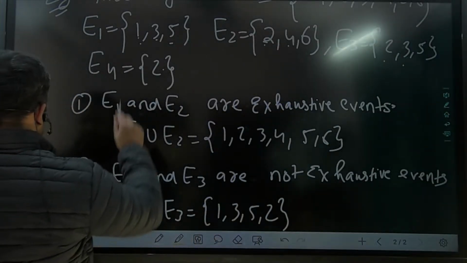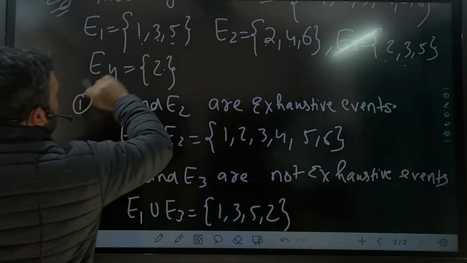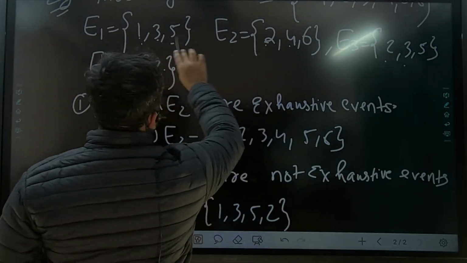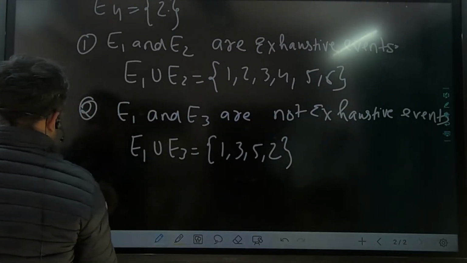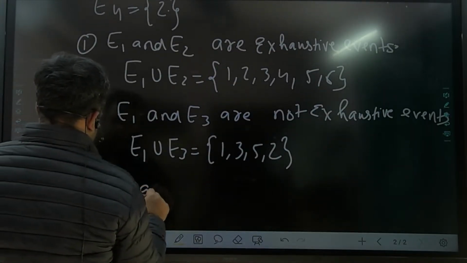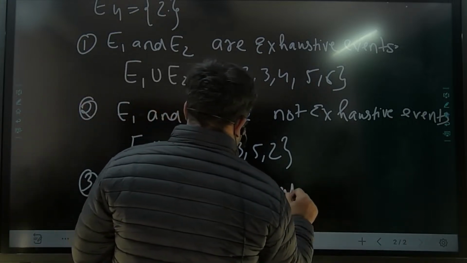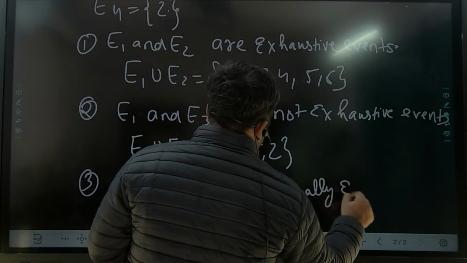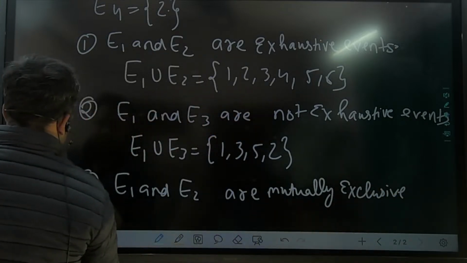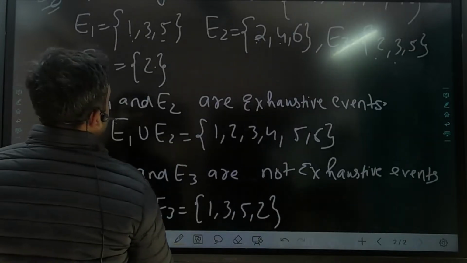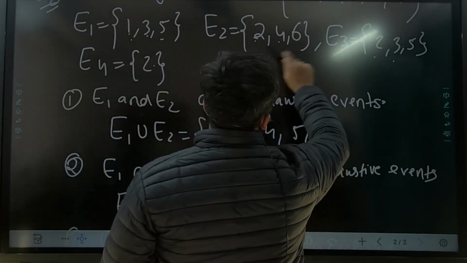And if you see event 1 and event 2, there's nothing common between them: 1, 3, 5 and 2, 4, 6. So basically they are mutually exclusive. Event 1 and event 2 are mutually exclusive. And if you see event 2 and event 3, they are not mutually exclusive because 2 is common to them.